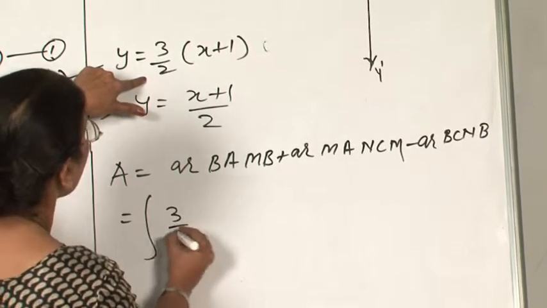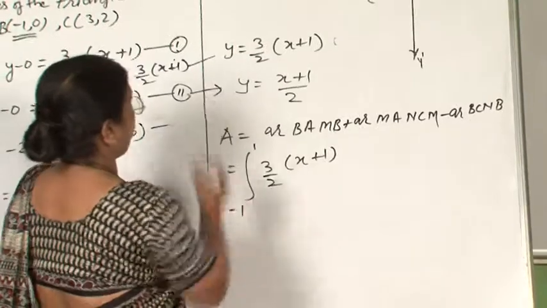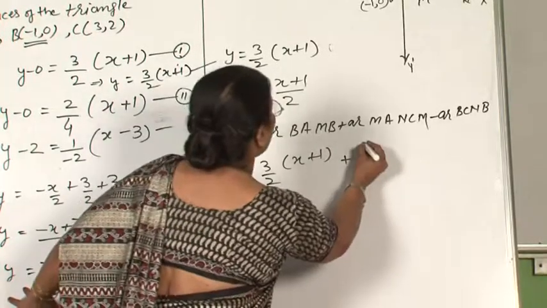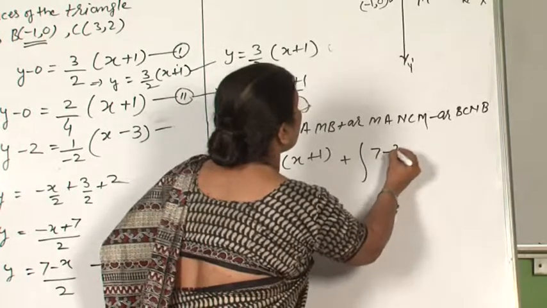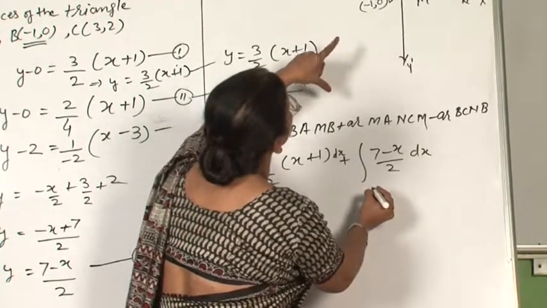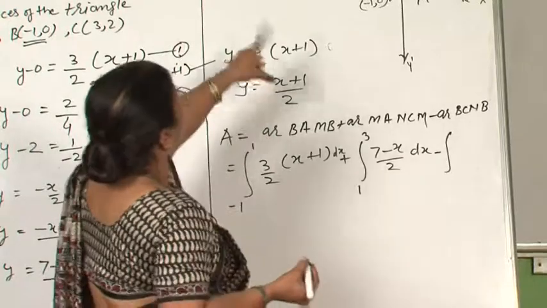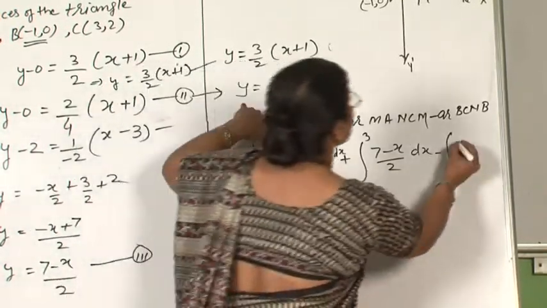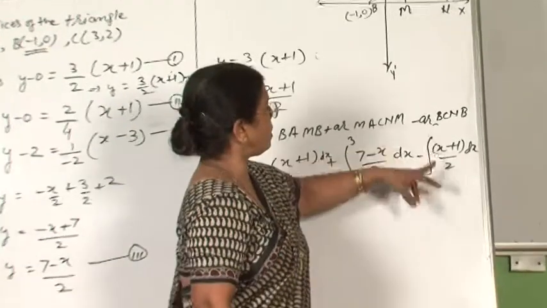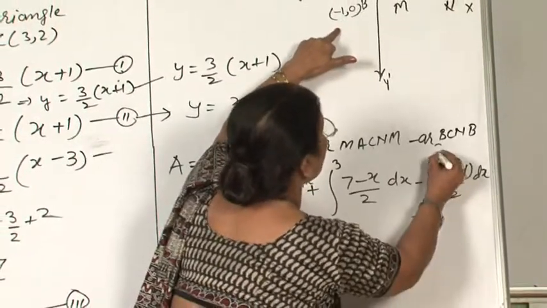So the integration of 3 by 2 (x plus 1) with limits from minus 1 to 1, plus the area of the second, where we take y from the equation of AC. So the integration of (7 minus x) by 2 dx, with limits from 1 to 3, and minus this, where we take y from BC. So the area of this is the integration of (x plus 1) by 2 dx with limits minus 1 to 3.